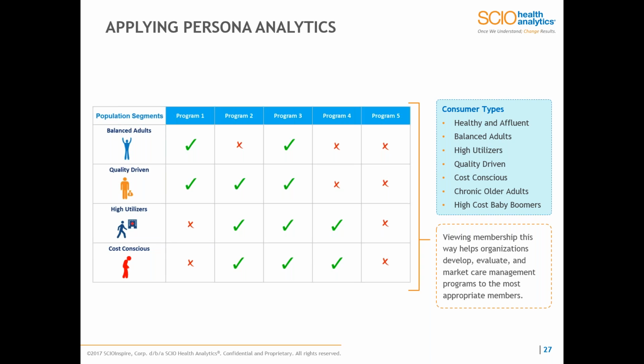But there's just no one way to look at it. There are multiple ways that you need to look at your population and analyze it, and analytics applied on top of it in order to determine where you're at and where you want to go.